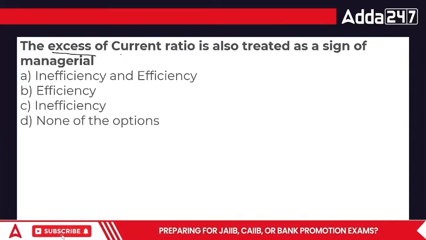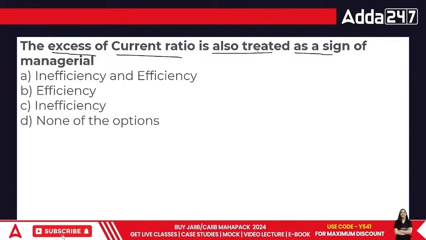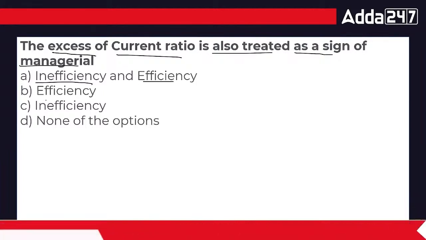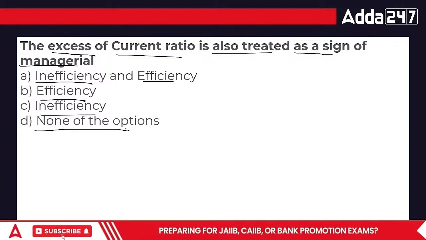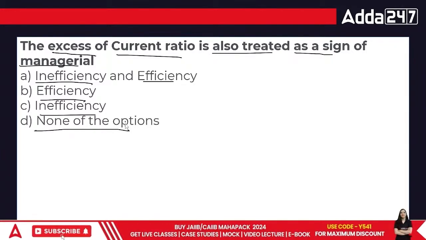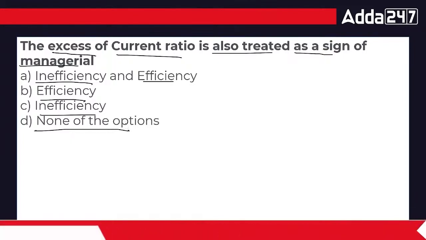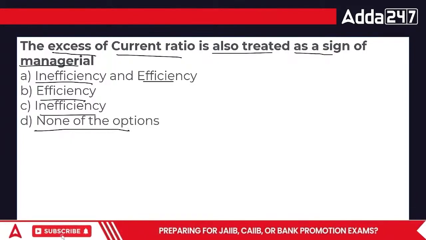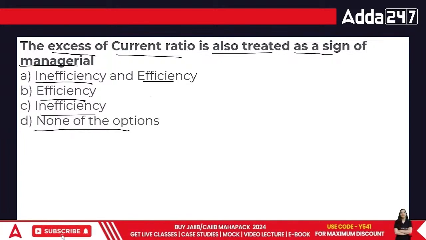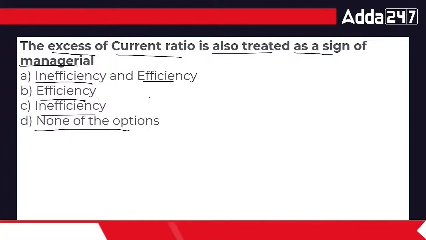The excess of current ratio is also treated as a sign of managerial efficiency, inefficiency, or none of the above. Excess of current ratio means we are having too much money in our cash form. But the problem is that if you have too much money in your cash form, why are you having so much money in your cash form? You are not getting any returns out of it. If you would have given this money to someone else, maybe you would have received a good amount of money, but you didn't.